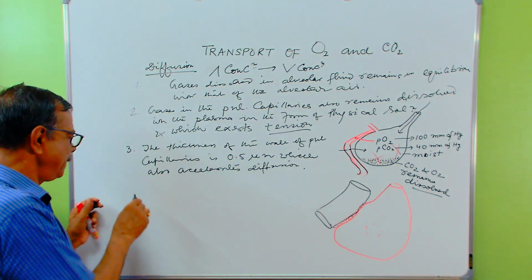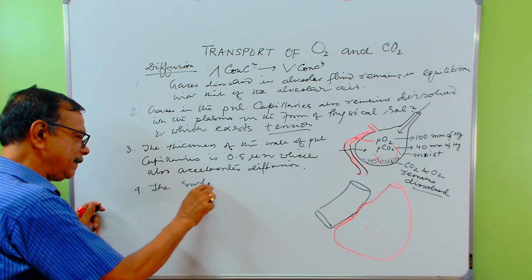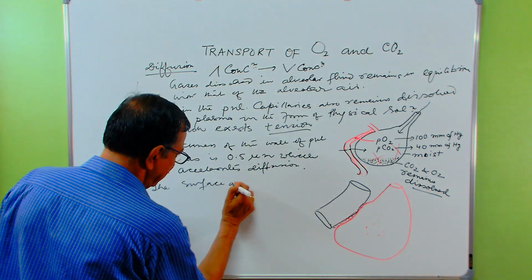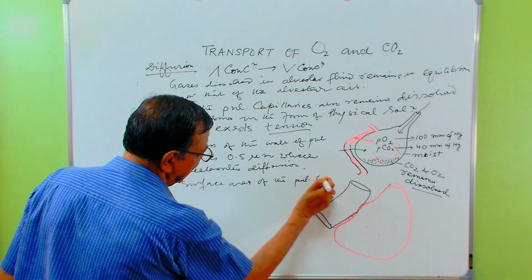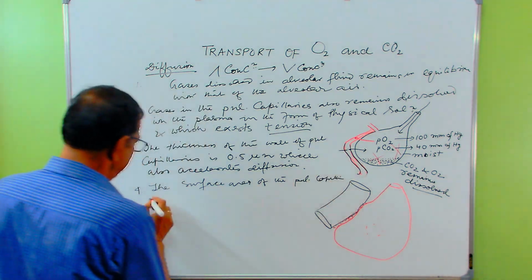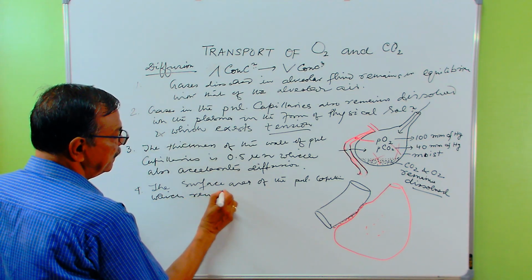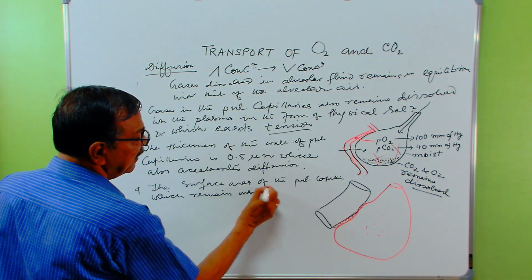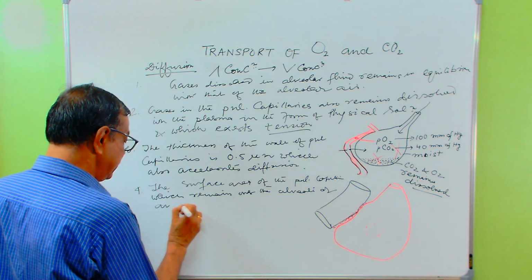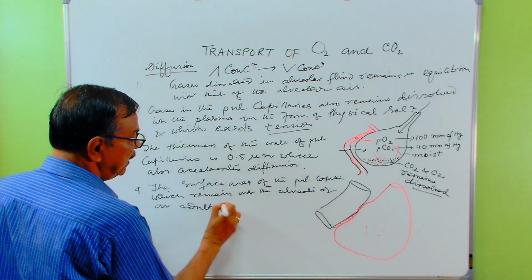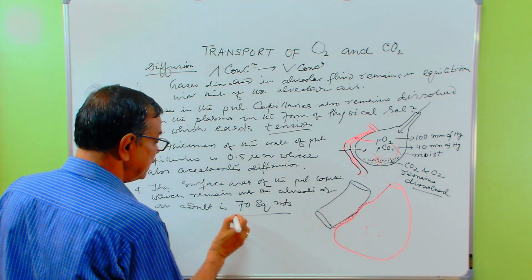You know, the surface area of the pulmonary capillaries which remains over the alveoli of an adult is 70 square meters.